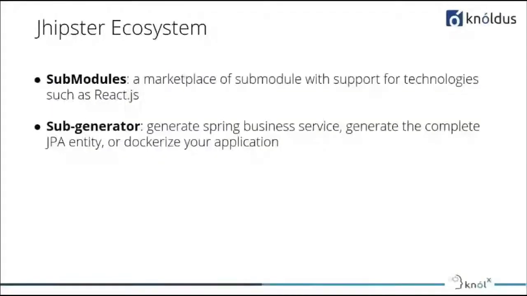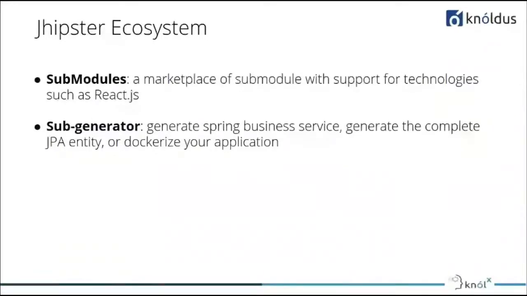So now let's come to the JHipster ecosystem. The JHipster ecosystem consists of two things: modules and subgenerators. The modules directory handles all the technologies which are not provided by JHipster. Just like React, we can use it in the modules folder so that we can use its features in our application to make it more useful to us.